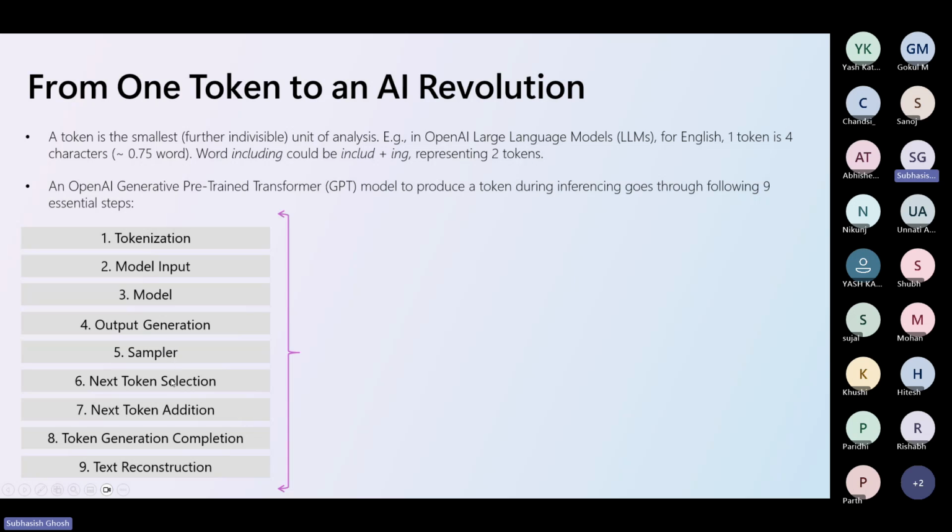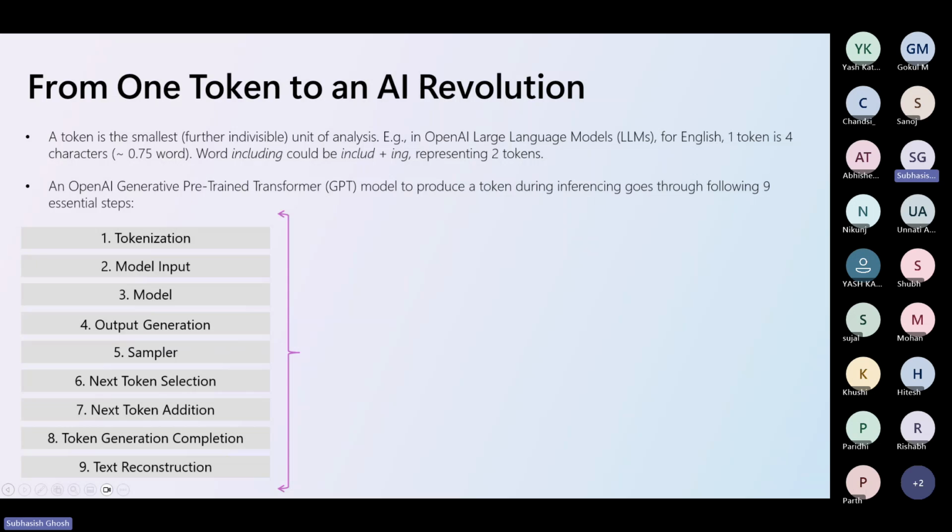The sampler studies the probabilities, and then the next token selection and addition happens. Generation completion is the step where, once the maximum token limit has been reached, it completes. The final step is text reconstruction, where the tokenizer converts the final sequence of tokens back into a string of text and then gives it to you.